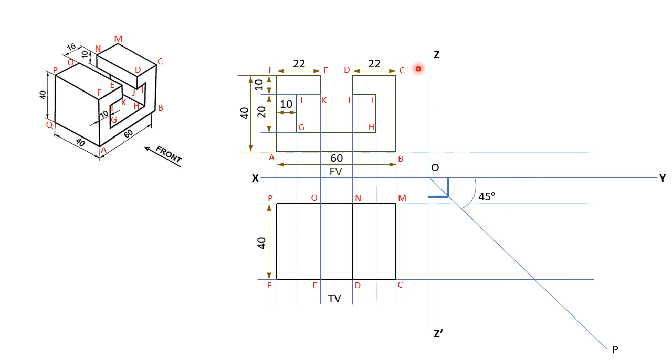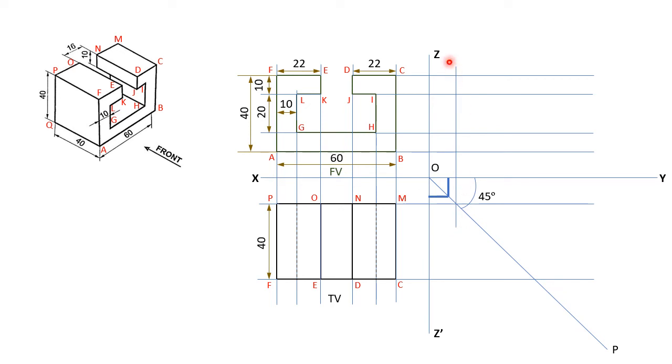Then we will project the front view horizontally. So this is the projection of AB, then this is the projection of GH. Likewise we will project all the edges. Then we will connect the intersection of the angular line OP and the projection of the top view with the projection of the front view by drawing vertical lines.